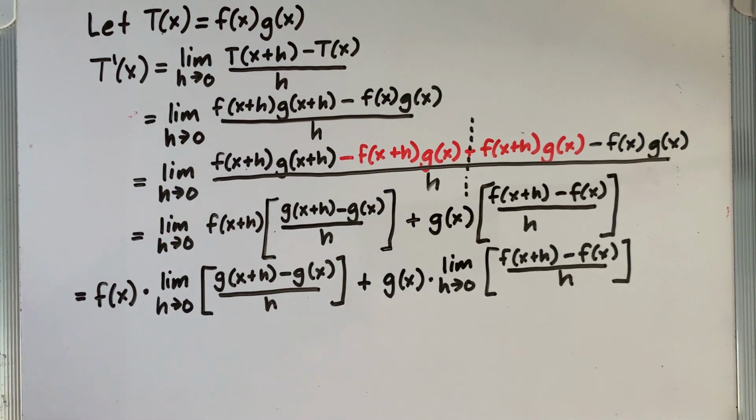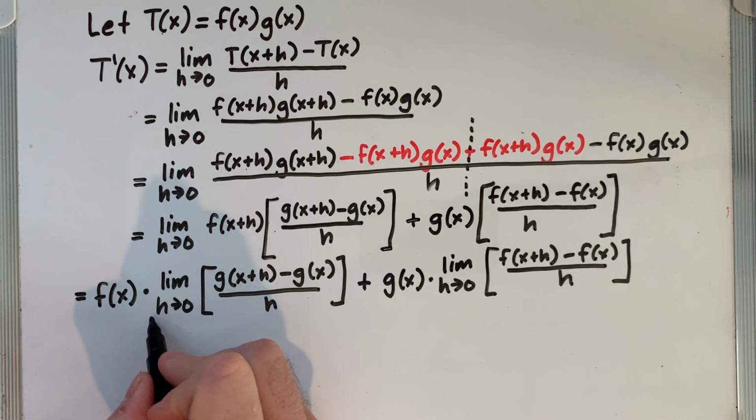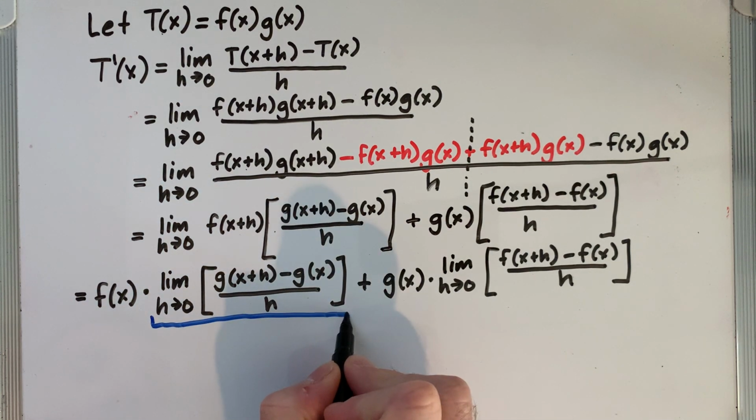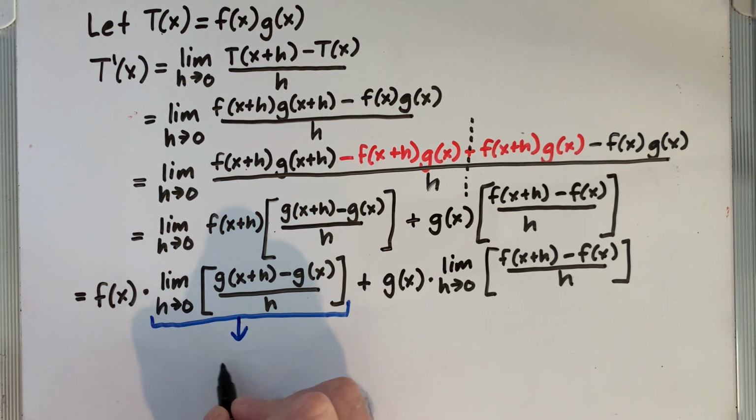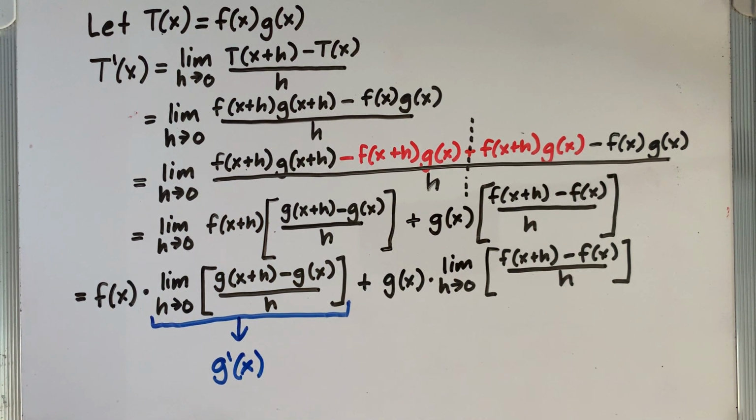Now, if I look at these limits, they should look familiar, because this first limit right here, okay, that's just g prime of x. If I asked you what the derivative of g of x was, and I wanted it in the definition of the derivative kind of format, this is how I would write it up. The limit as h goes to 0 of g of x plus h minus g of x over h.